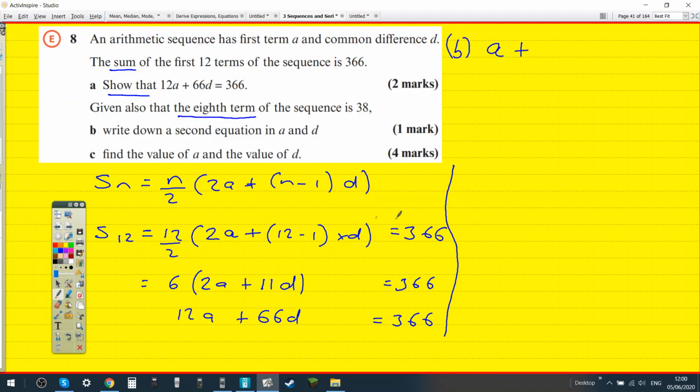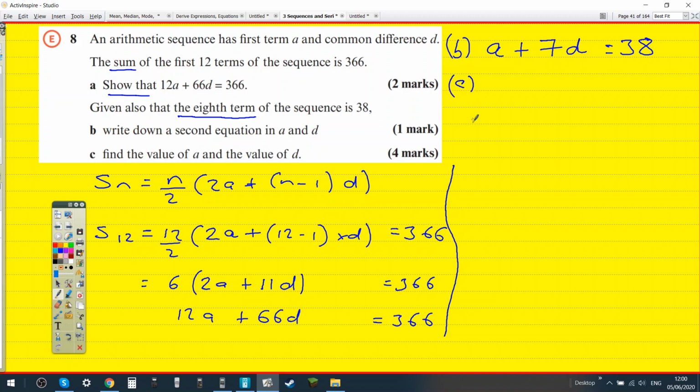So not the sum to 8 terms. So a plus 11 over 2d. Just 11d. Sorry, not 11, 8th term. Oh, plus 8d. n minus 1, 7d. a plus 7d equals 38. Yeah.